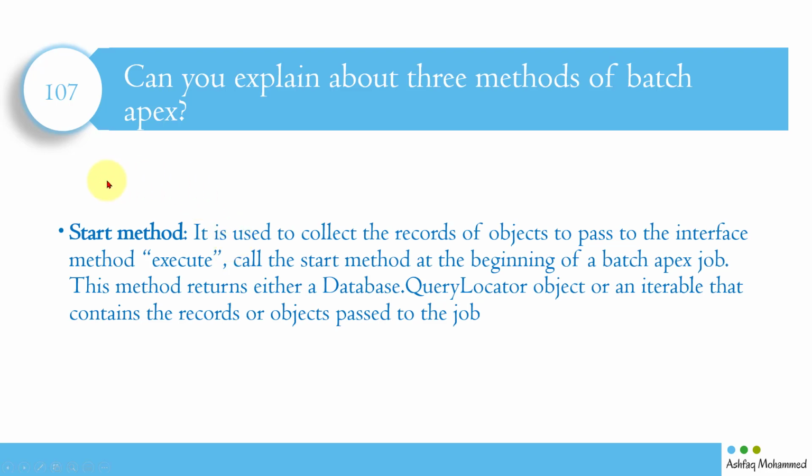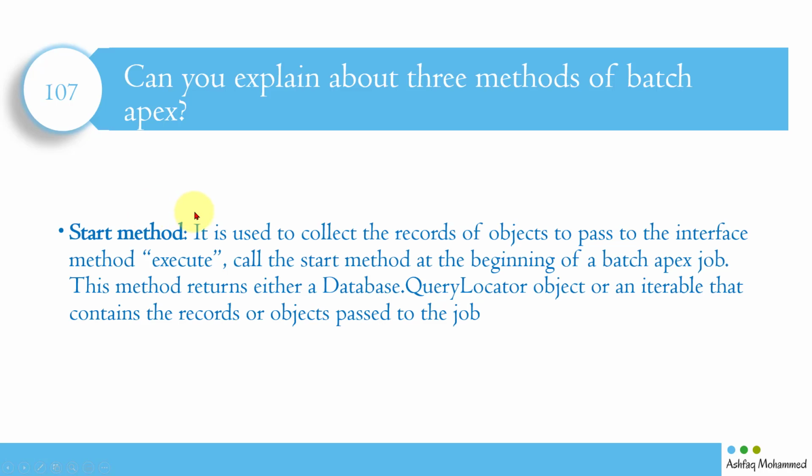So this start method will run a query and get all those 10,000 records at a time, and keep it with that method. Let's see what it does after getting all the records in the later method. But for now, let's suppose the start method will just extract all those records which we need to process. So it is used to collect the records of the object to pass to the interface method execute.